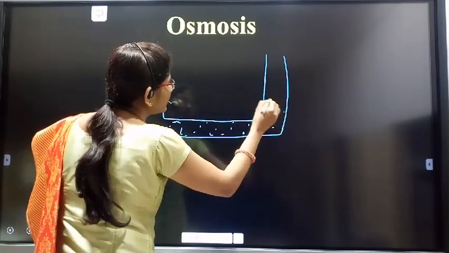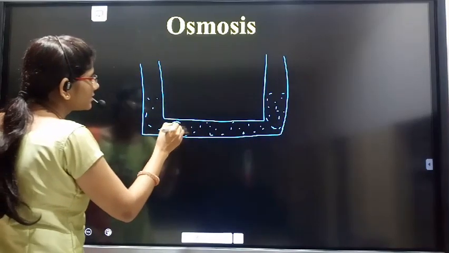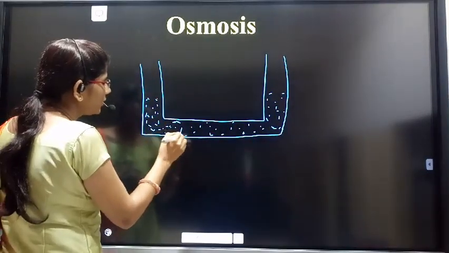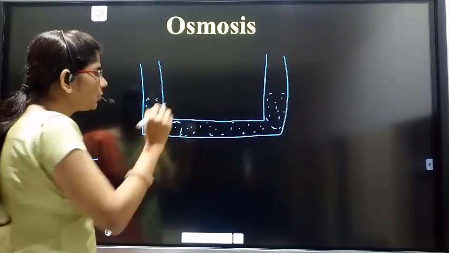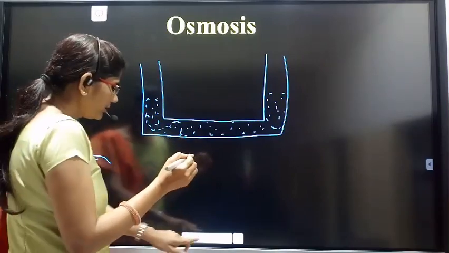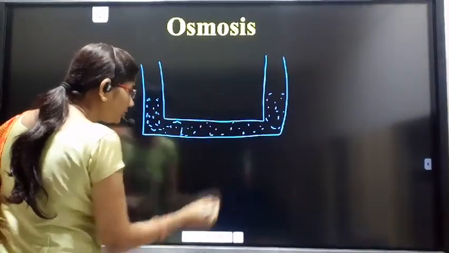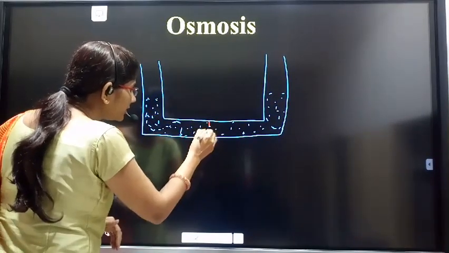We divide this container into two parts by using a semi-permeable membrane.